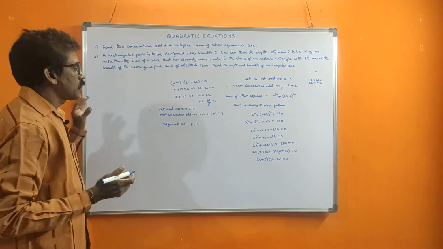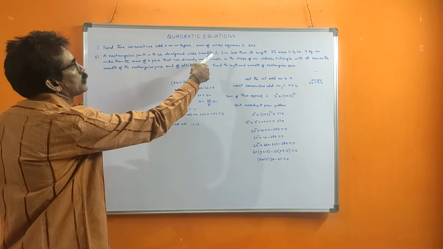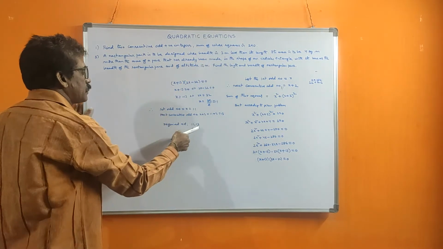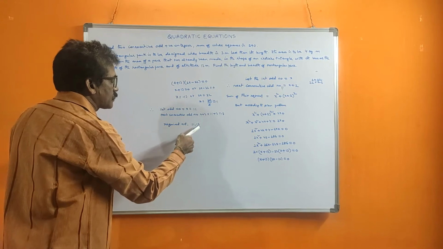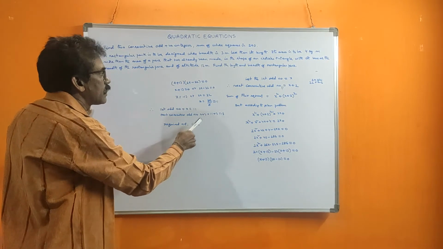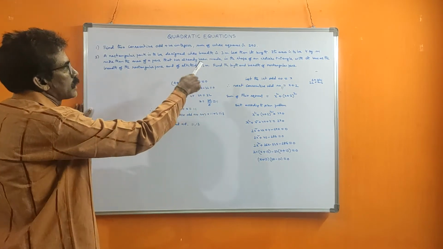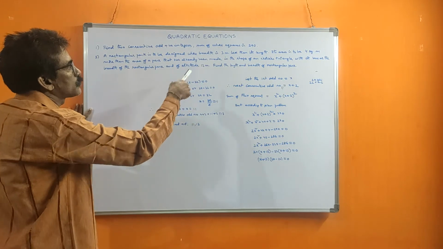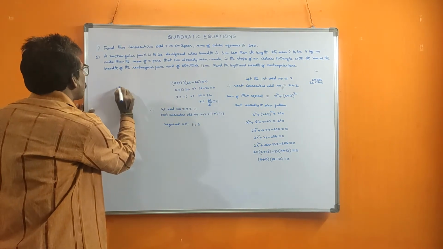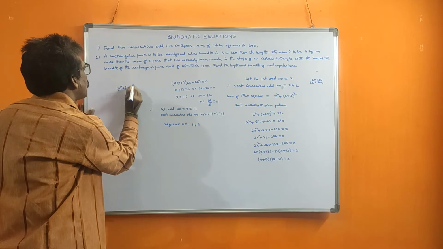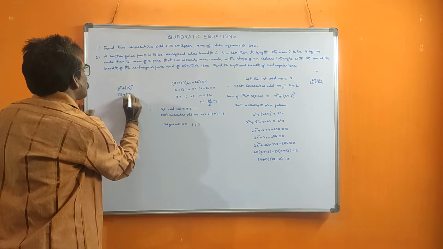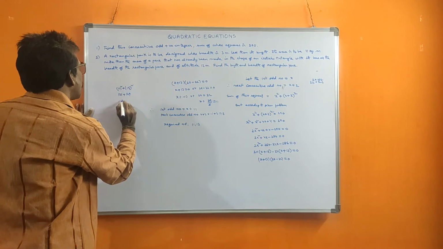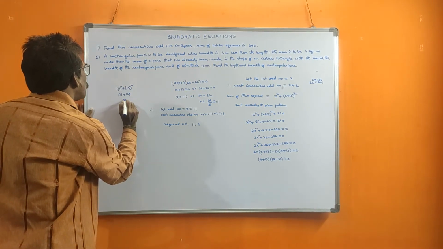See, once you want, you can check whether their sum of squares is 290. 11 is an odd number, and the next odd number after 11 is 13 only. Yes, satisfied. Next, their square sum is 290: 11 square plus 13 square is 121 plus 169, which is 290.